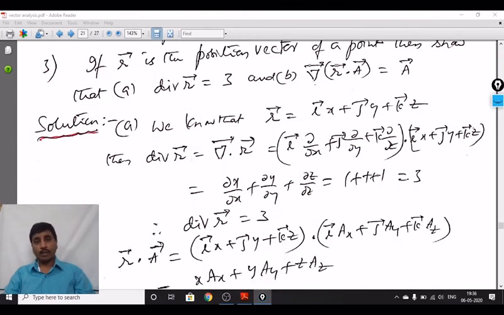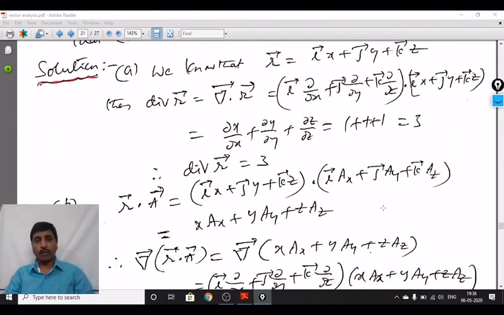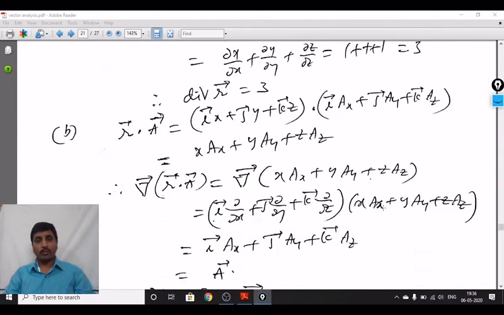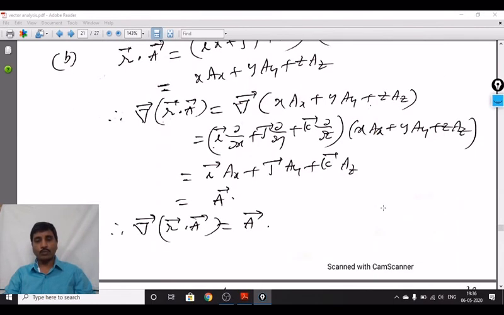To show div r bar is 3: r bar is equal to i bar x plus j bar y plus k bar z, then div r bar is equal to del bar dot r bar, that is equal to i bar dou by dou x plus j bar dou by dou y plus k bar dou by dou z dot i bar x plus j bar y plus k bar z. Now that is equal to dou x by dou x plus dou y by dou y plus dou z by dou z, that is equal to 1 plus 1 plus 1, that is equal to 3. Therefore div r bar is equal to 3. In this way we can also prove grad of r bar dot a bar is equal to a bar.